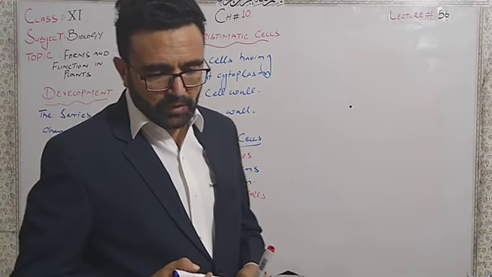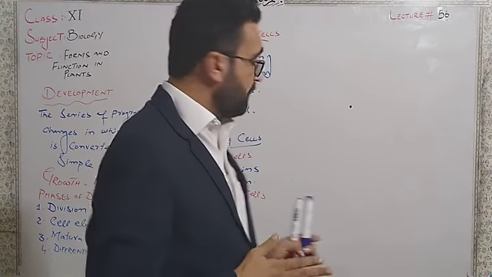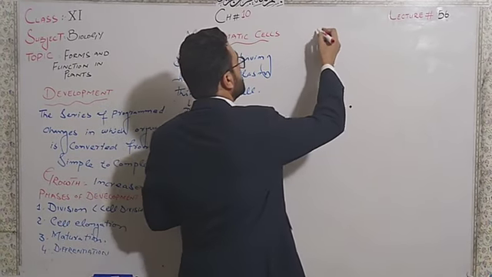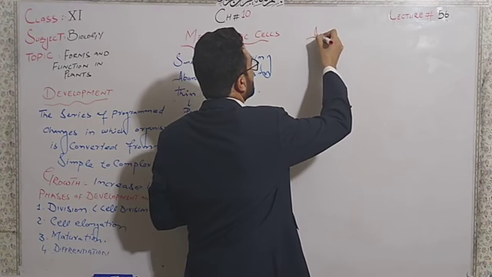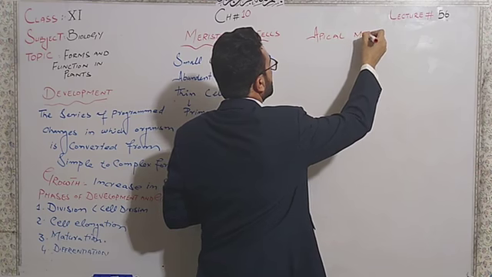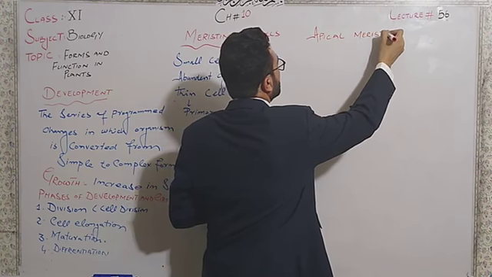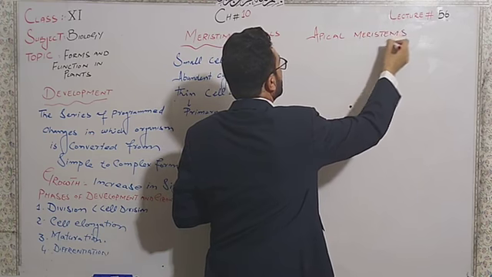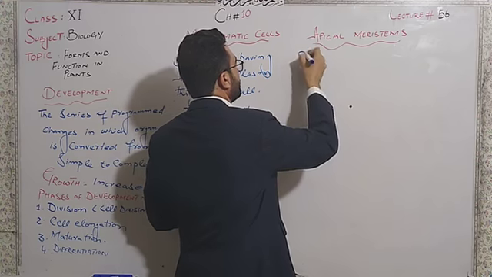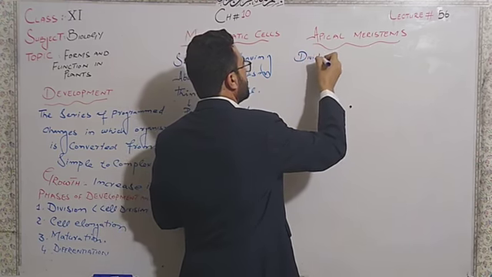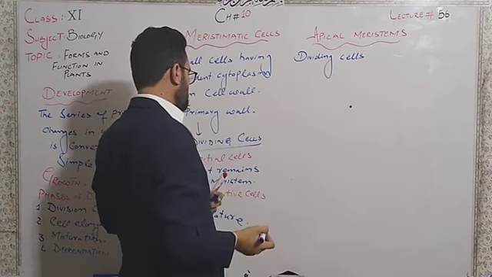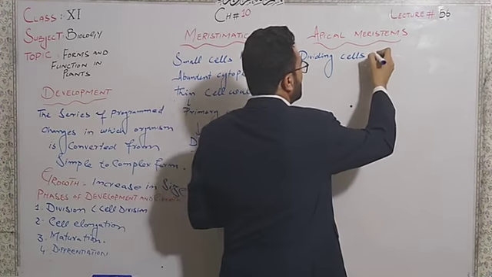Dear students, now we have certain types of meristematic cells. First is the apical meristems. Apical meristems are the dividing cells which bring apical growth.